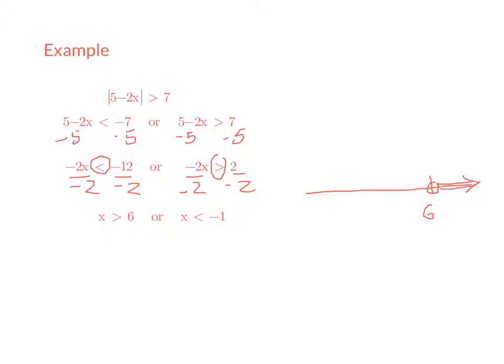Now how about x is less than minus 1? Well, we're going to find minus 1 on the number line. Again, it can't equal minus 1, so it's an open circle at minus 1. If it's less than, that means it's to the left of this value, so it's everything to the left of minus 1. So these are the regions that satisfy this inequality.